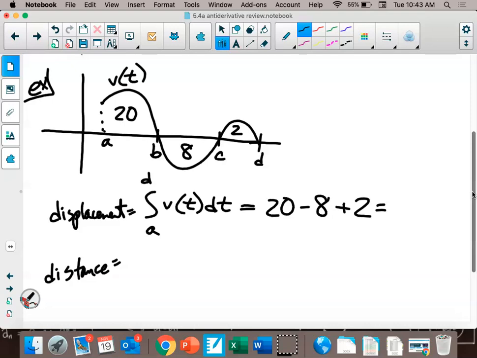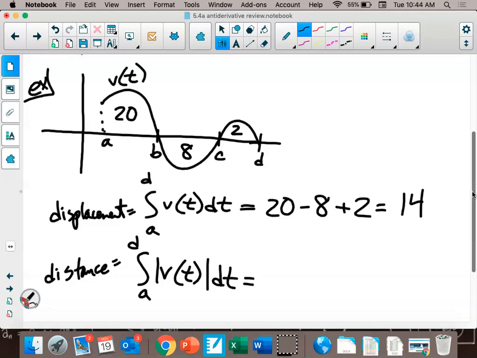My displacement would be 14, whatever the units are. Does that make sense? Above the x-axis is positive, below the x-axis is negative. Okay. My distance is the integral of the absolute value of the velocity.